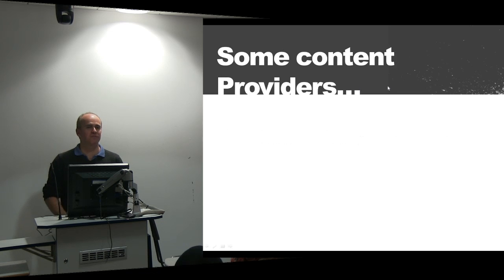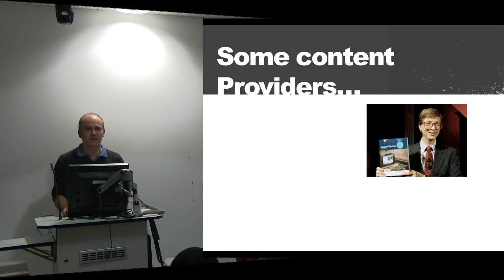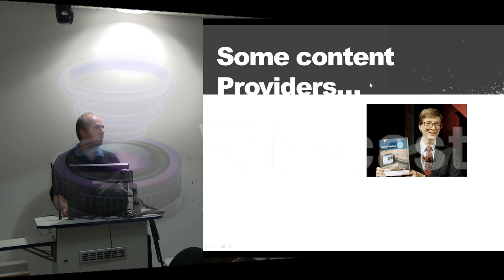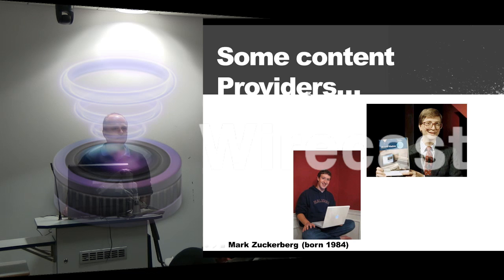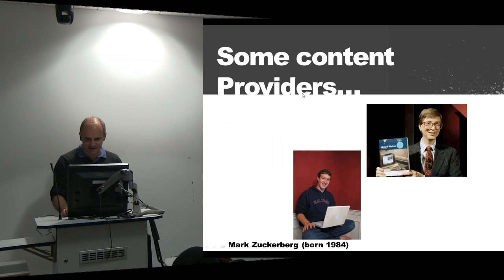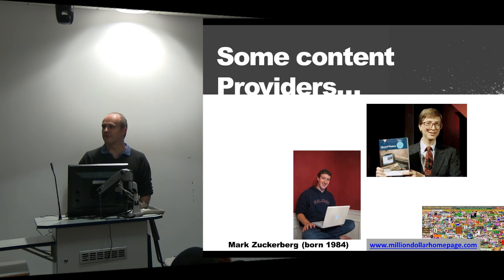So just some content providers historically, a very young Bill Gates, a guy who is maybe 10 years older than you, but he has a bit more than you in his bank account. And do you know that page, the $1 Million homepage? Do you know the story?